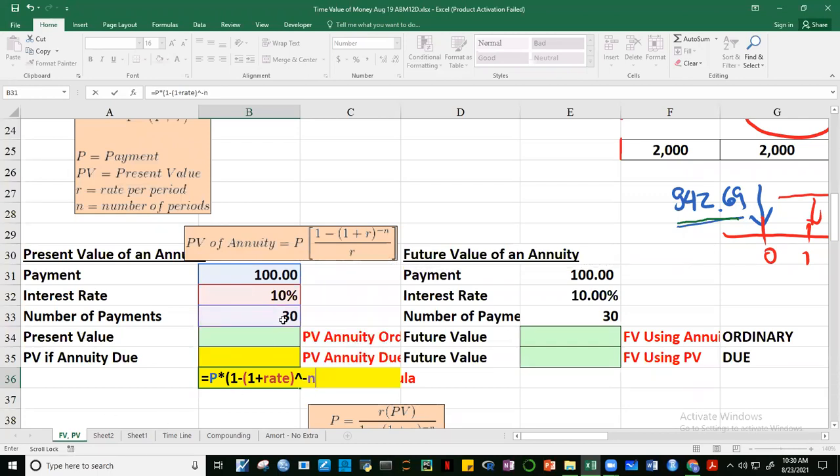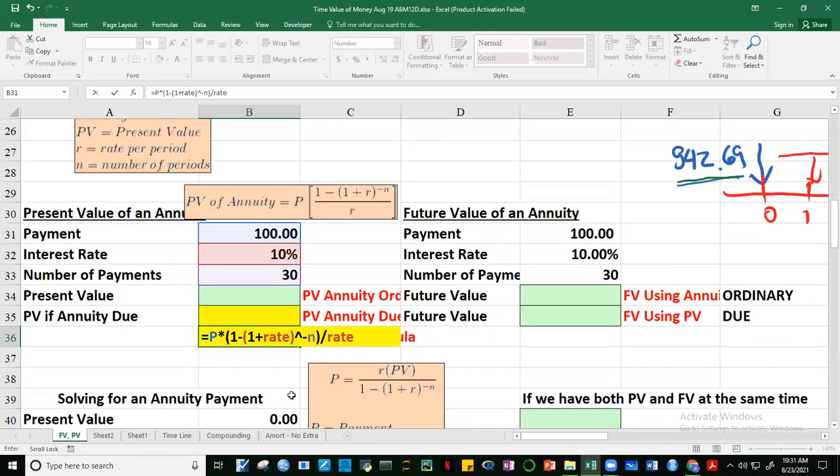Small n yung ano natin, ito sa 30. Close natin to. And then we can just divide it by R, rate. Okay, so that's the formula, guys, for the present value of an annuity ordinary.